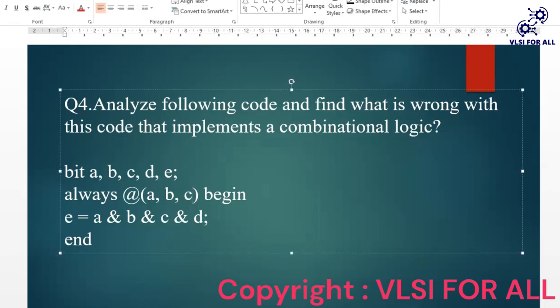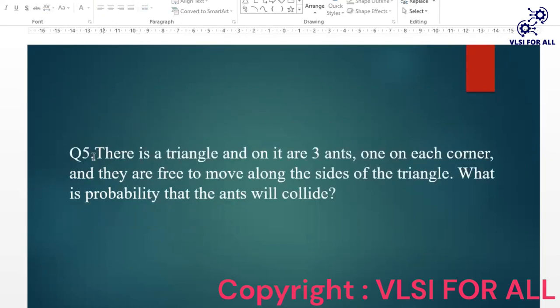So we can go through one aptitude question that will be asked in verification interviews. There is a triangle, and on it there are 3 ants, one at each corner, and they are free to move along any side of the triangle. The answer is 6 by 8. Explain how you got 6 by 8.